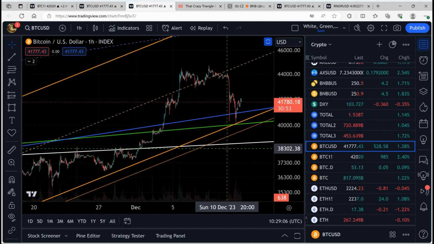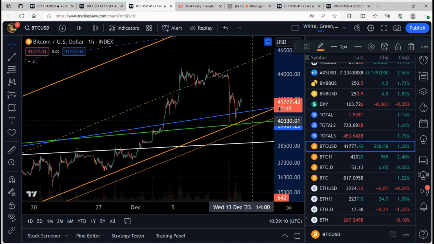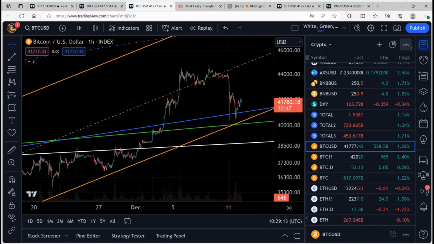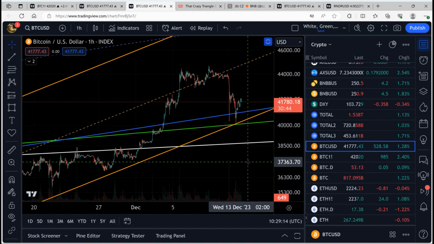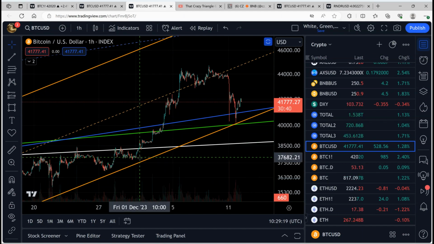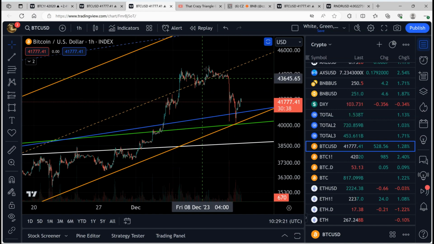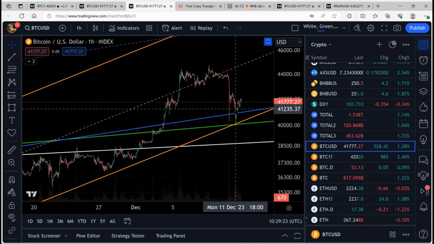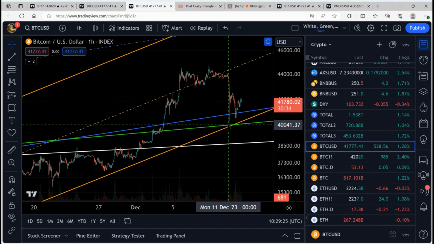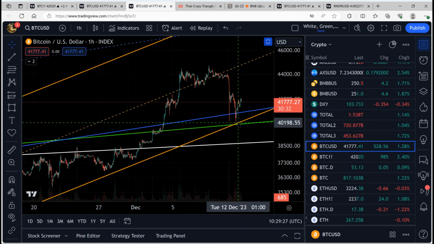Now I have this other channel here. I'm just going to delete it. That's that other one that I pulled over. It's in the way now. But you can see how we've been trading in this orange channel. We came right down to the bottom of the orange channel and the top of the green channel.